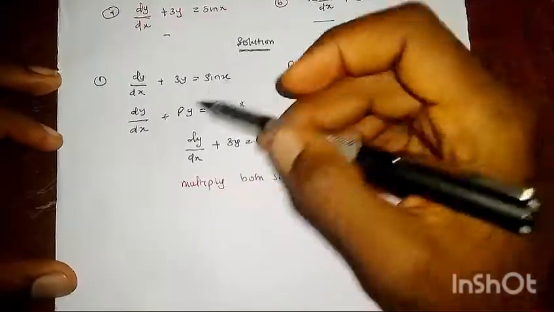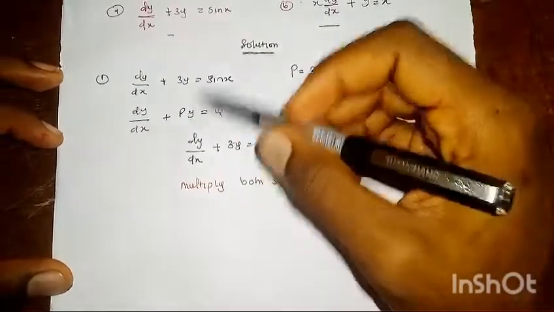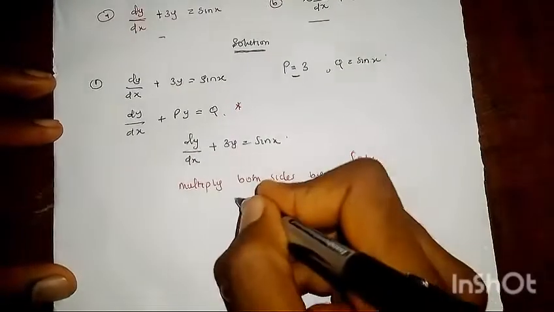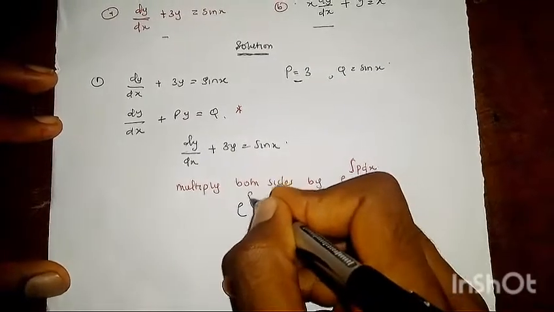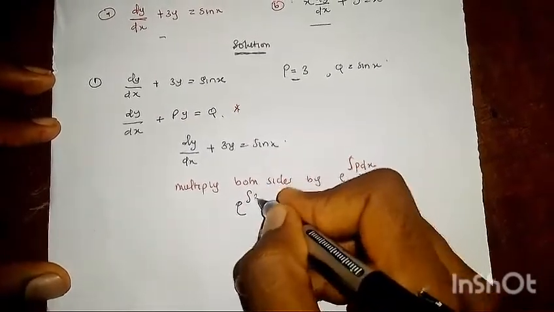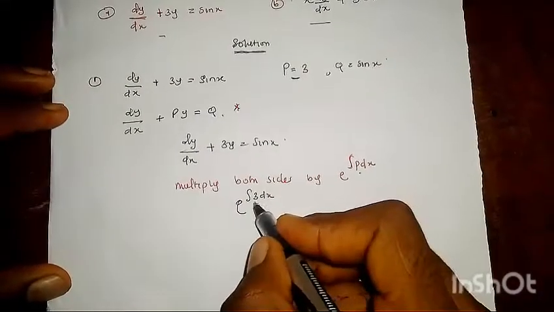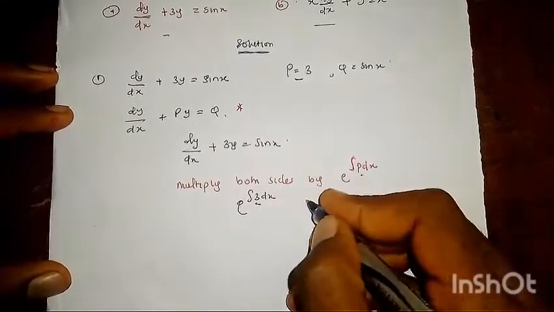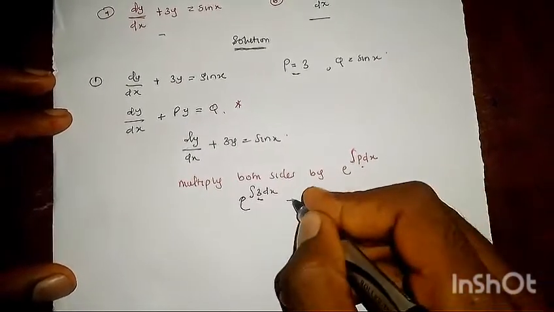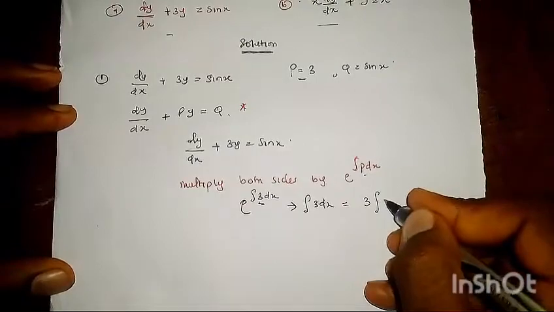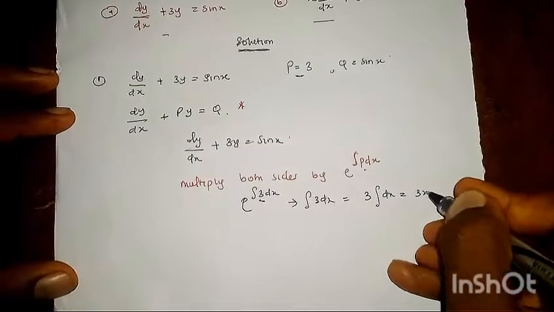Comparing these two equations, what's my p? My p is equal to 3. So my integrating factor will be exponential integral 3 dx. Right? So now, integrating this, integral 3 dx, what will I have? This is 3 integral dx, which gives me 3x.